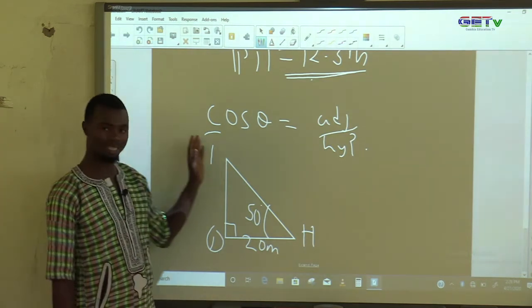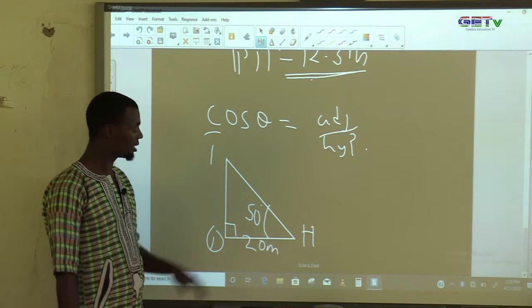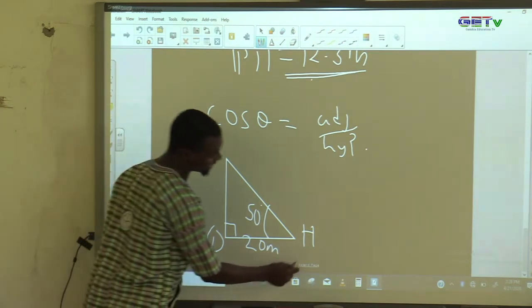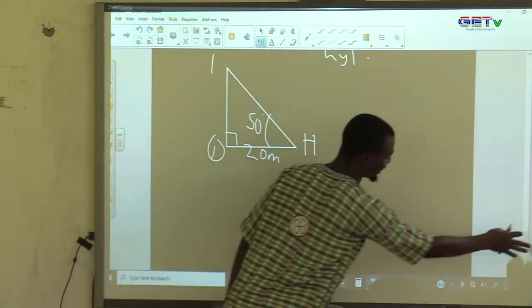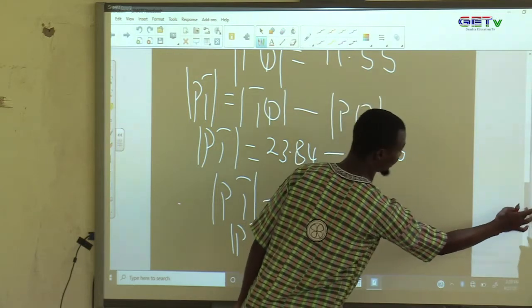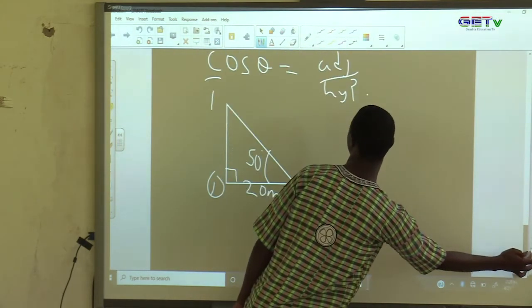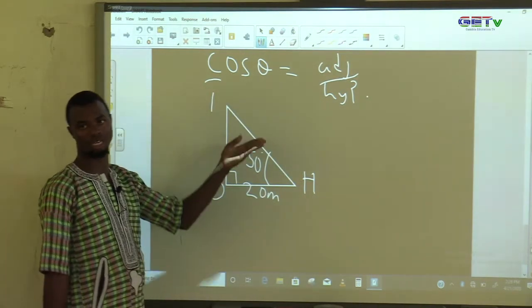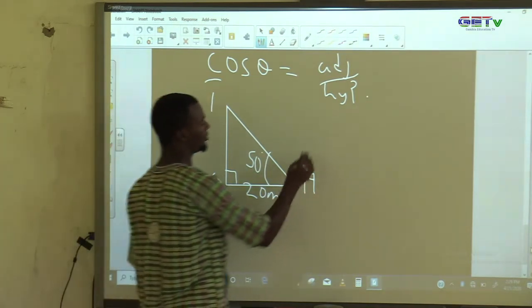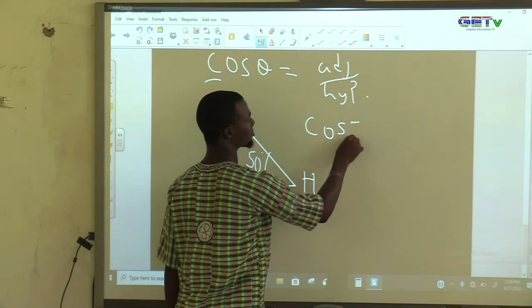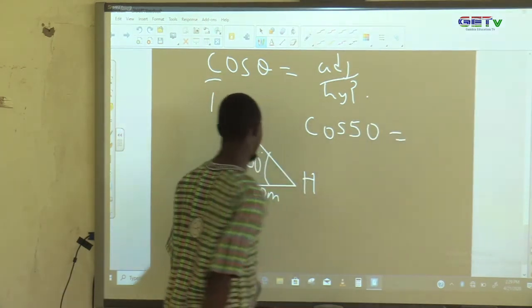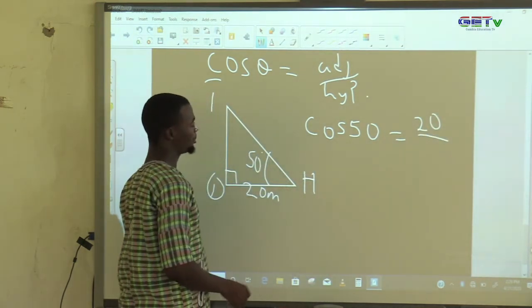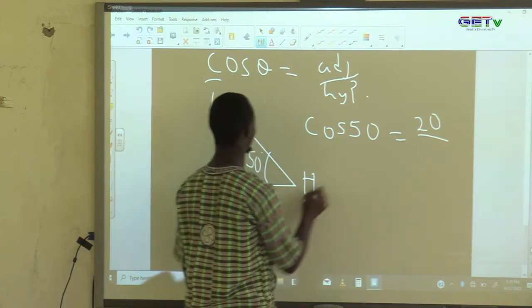We are asked to find the distance from H to the top of the tower, which is just the distance TH. How do we find that? Using the trigonometric ratio. I want us to use cosine now. Cos theta, we said, is adjacent over hypotenuse. The adjacent is 20, and the hypotenuse is the longest side of a right angle triangle. So that will give us cos 50 equals adjacent 20 all over the hypotenuse, which we don't know, that is TH.